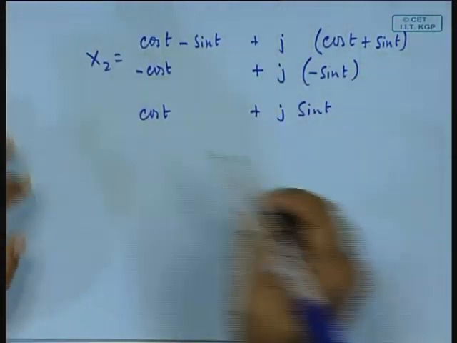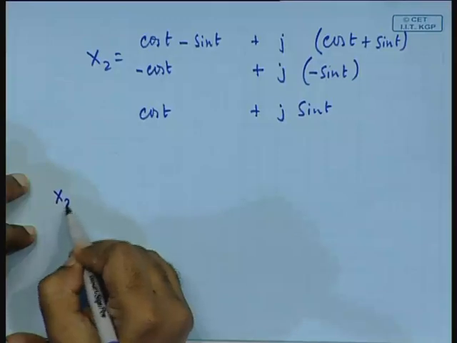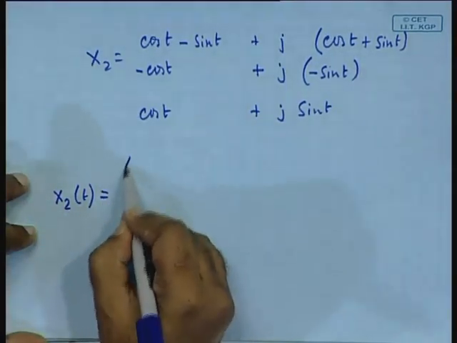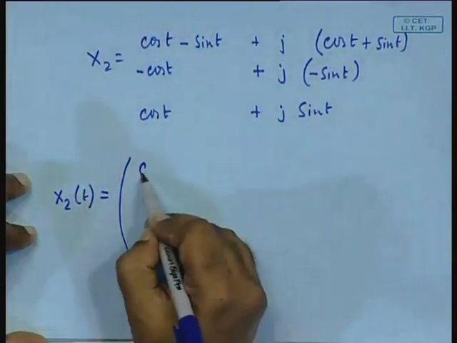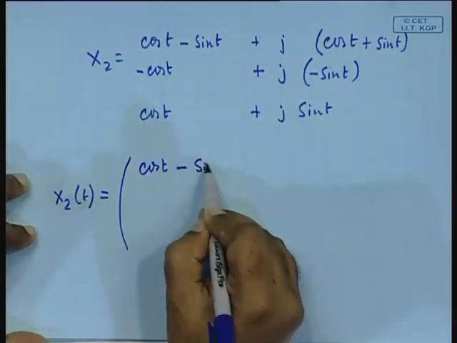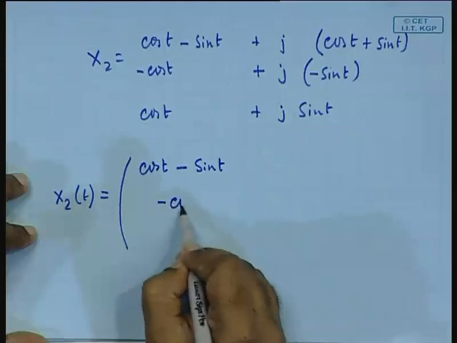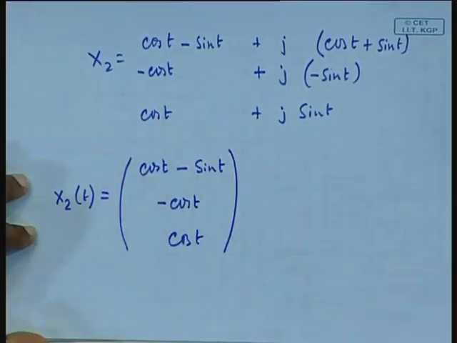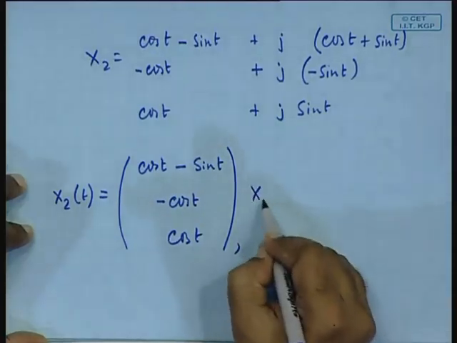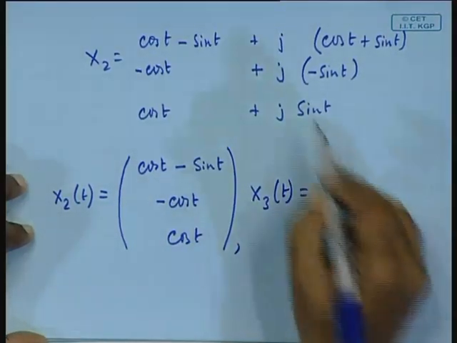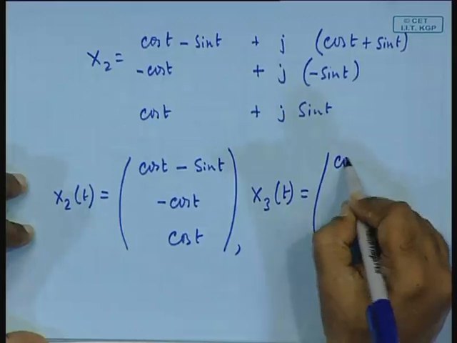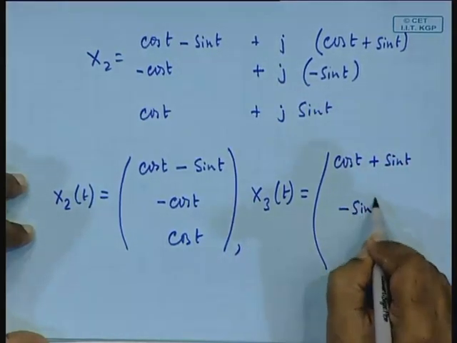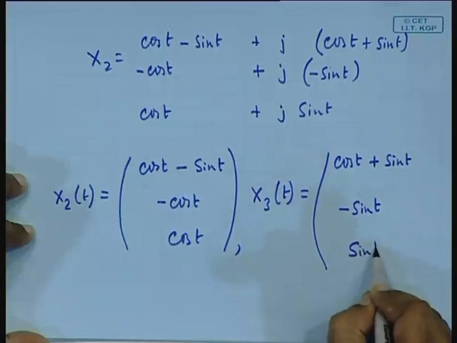Now, we separate them out. We will say that x2(t) is this part, which is cos t minus sin t, minus cos t, cos t, and x3(t) is equal to this part, cos t plus sin t, minus sin t and sin t.